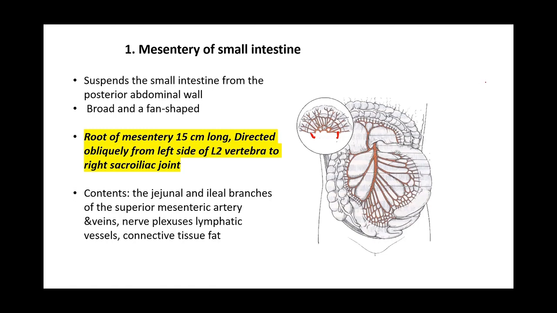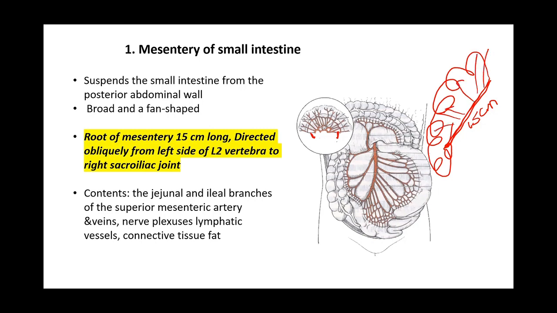So it's an oblique orientation, and this is just 15 cm. You wonder why the small bowel is coiled, has a lot of coil, if 15 cm is carrying up to 500 centimeters, for example. You could imagine how there will be a lot of coil for this to fit into a 15 centimeter root. Okay?